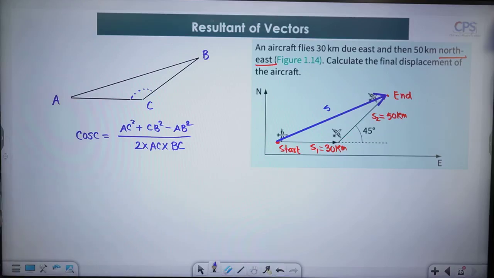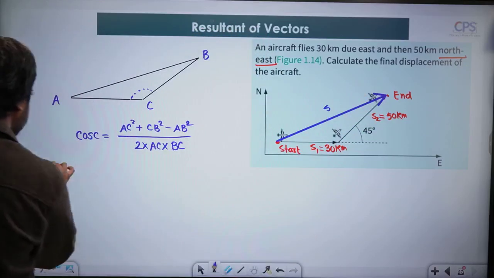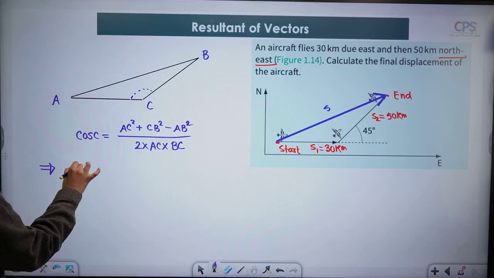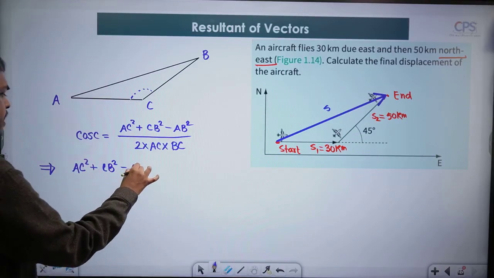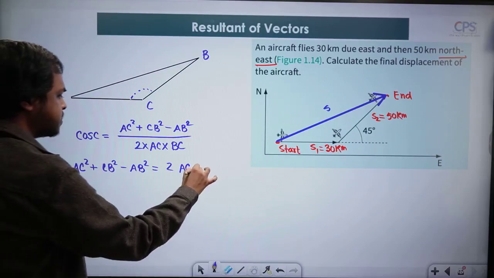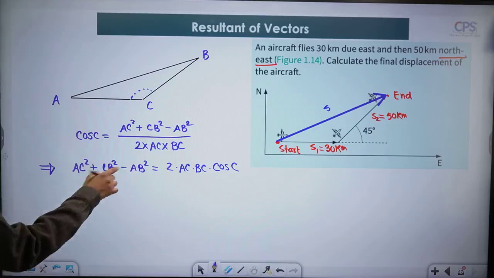What do we need to get? We need to get AB. So next line you get AC square plus CB square minus AB square equal to 2 AC BC cos C. What do you need to get? AB.